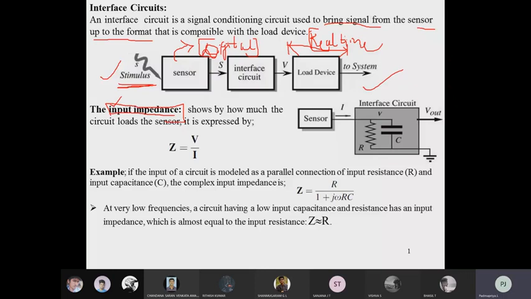So initially we'll look into this input impedance. You know what input is. Then what's impedance? I had told you this in the first unit itself. Resistance is similar to impedance, but not exactly. Why?